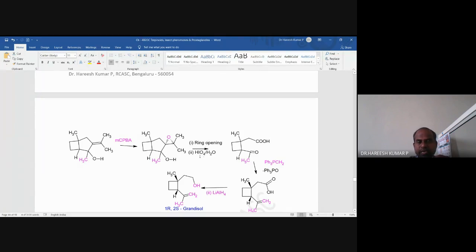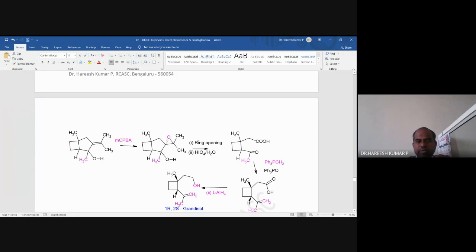Those vicinal diols, when treated with periodic acid, are converted into a carboxylic acid as well as a ketone. So a diol means OH here, OH here.